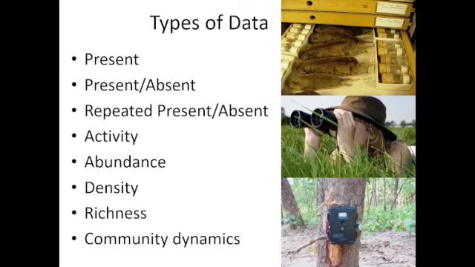And then, those are all at the species level and population level. Now, the next tier up would be things like community level parameters. Things like richness.